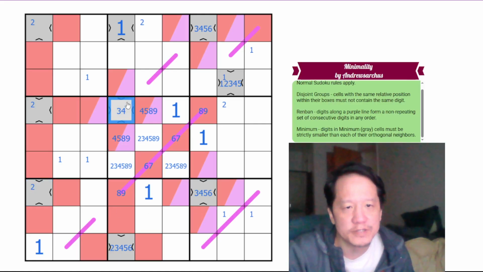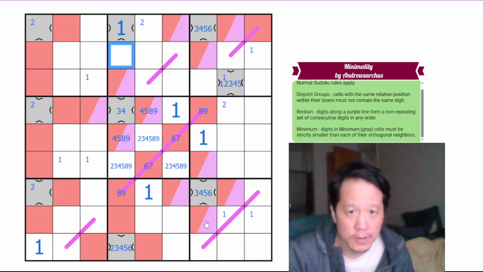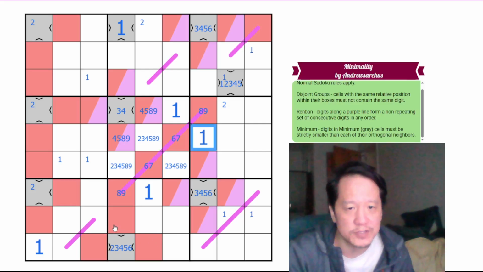Can't be here because of same problem. It could be here. Oh, in fact, okay, can't be here. Same problem, can't be here. This is a 1, so obviously can't be there. Can't be here because it's greater than a 2 at least, so can't be there.